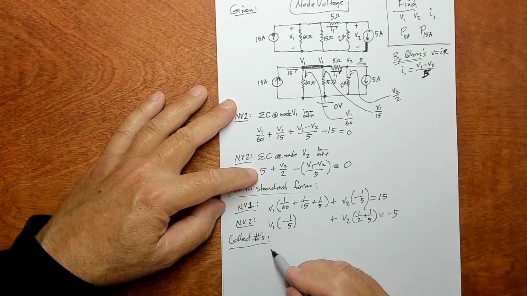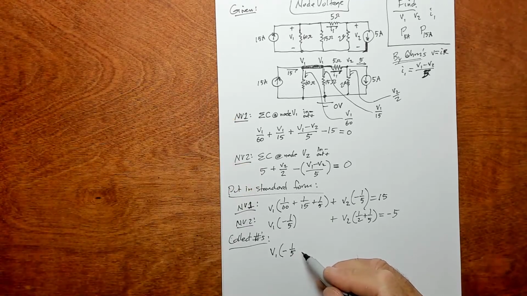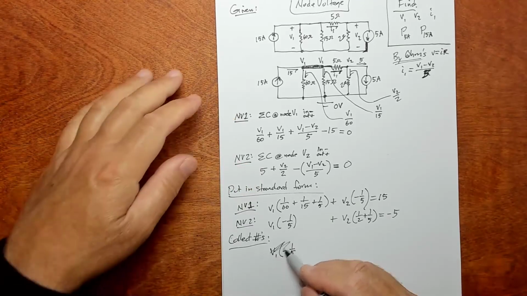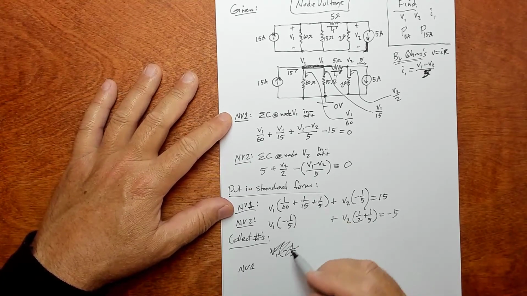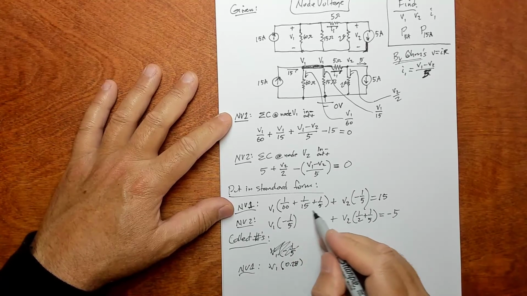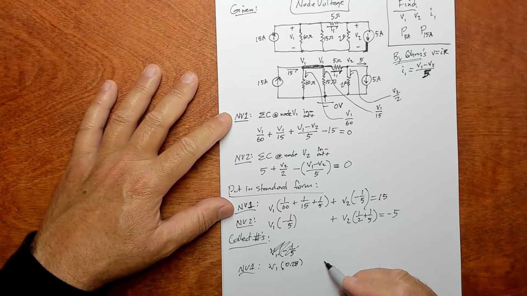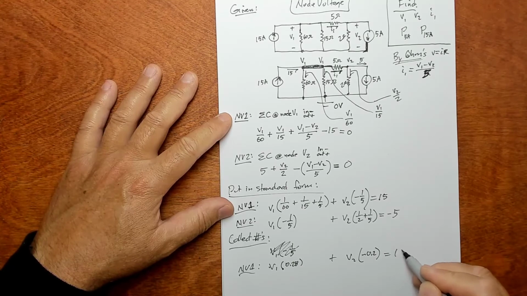But anyway, for node V1, if you add up all of these fractions, you get V1 times 0.28, and the 1/5 is minus 0.2 times V2. That equals 15.